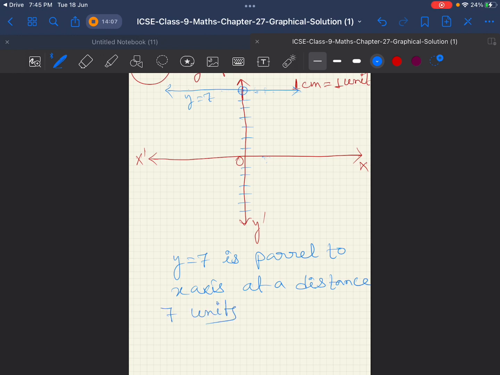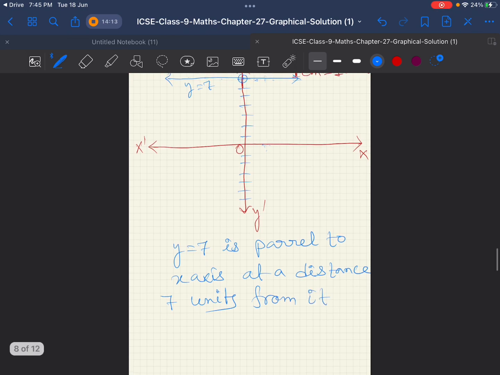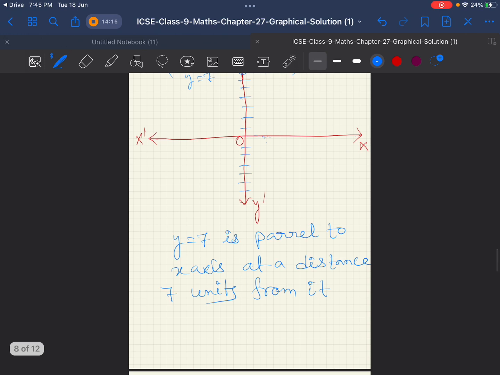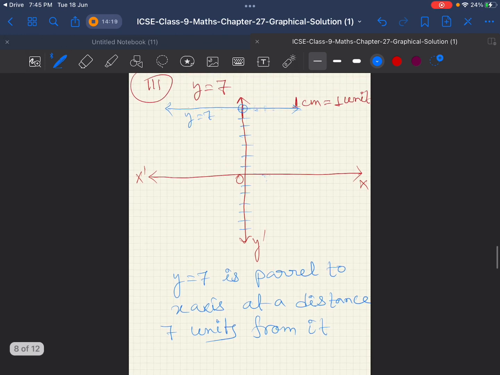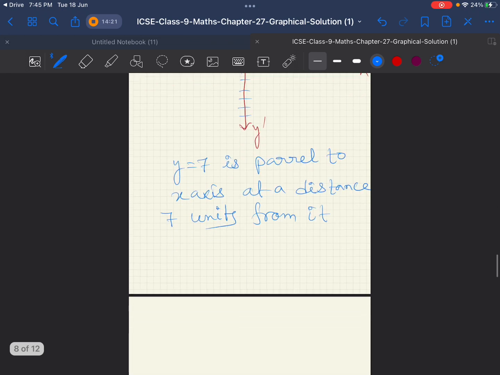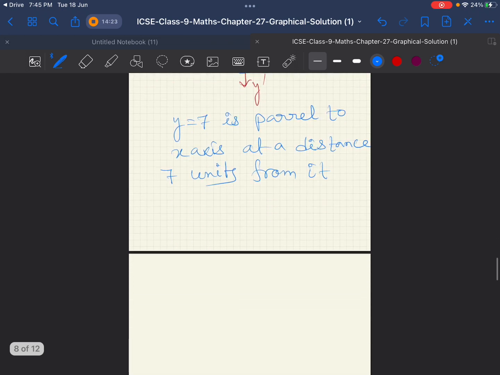Okay, this is 7 units, the distance is 7. So it is at a distance of 7 units from the x axis in the positive direction of y axis. Okay, positive direction of y axis.